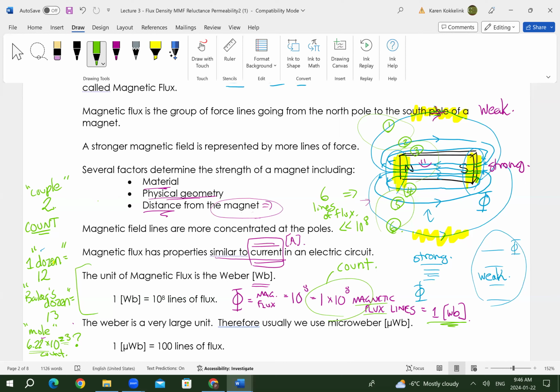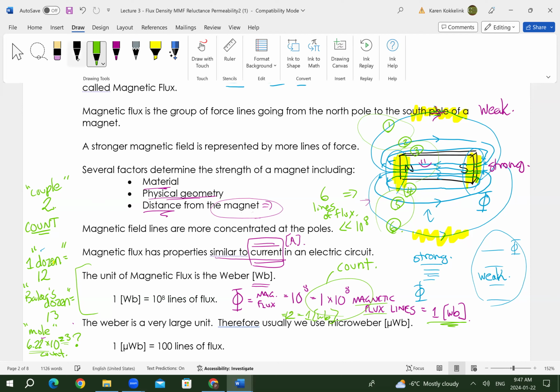And I want to work with some math, so I need to standardize the group of lines that I'm talking about by calling a count of them. He could have said, I'm going to count 12 of them and call that a Weber. If he had, we would say magnetic flux equals 12 equals 1 Weber.